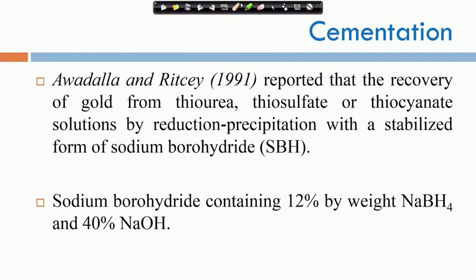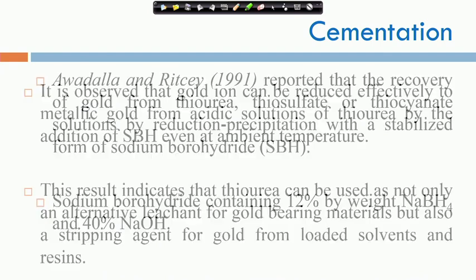So that's one process in terms of cementation, and it has been reported that gold can also be recovered from thiourea, thiosulfate, and thiocyanide solutions. You can also use reduction precipitation with sodium borohydride, which is 12% by weight sodium borohydride and 40% sodium hydroxide. That is also used for the recovery of gold.